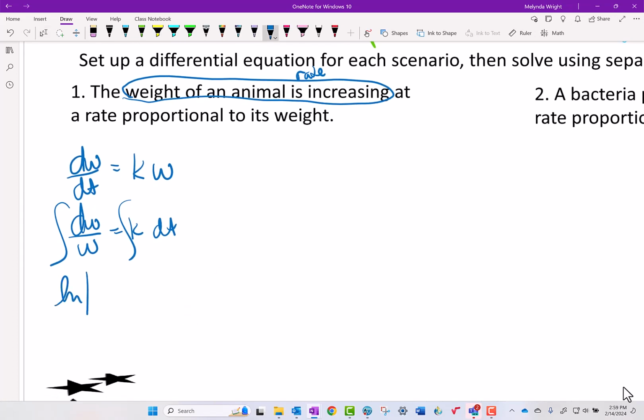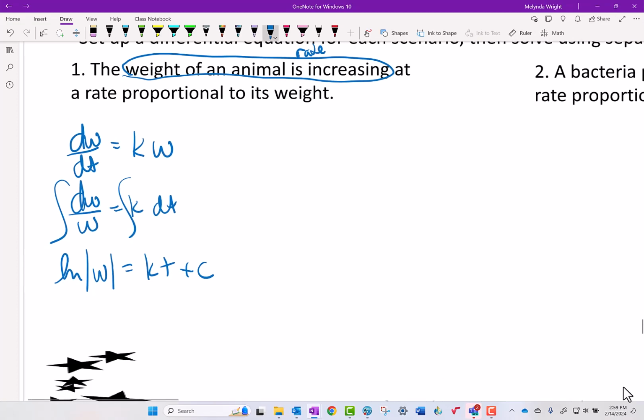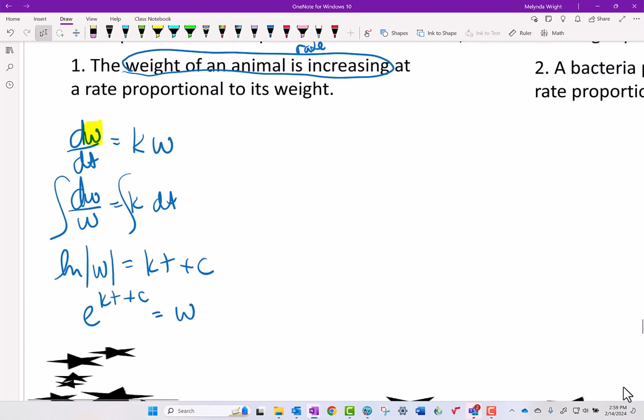We have ln absolute value of W equals kt plus C. We need to solve for W, whatever this variable is, on our differential equations. Remember how we get that out of the argument of the logarithm? The natural log, we do e to that side. So e to the kt plus C equals W.